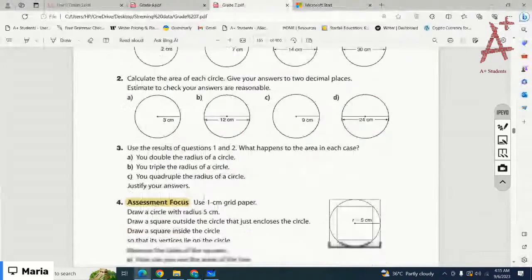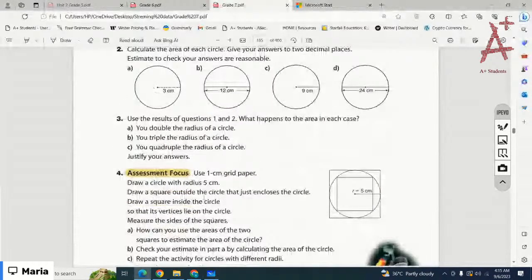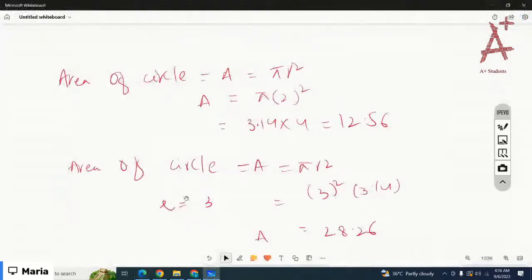Let's start with question number 3. Use the results of question 1 and question 2. What happens to the area in each case? What happens if you double the radius? A equals pi r square.